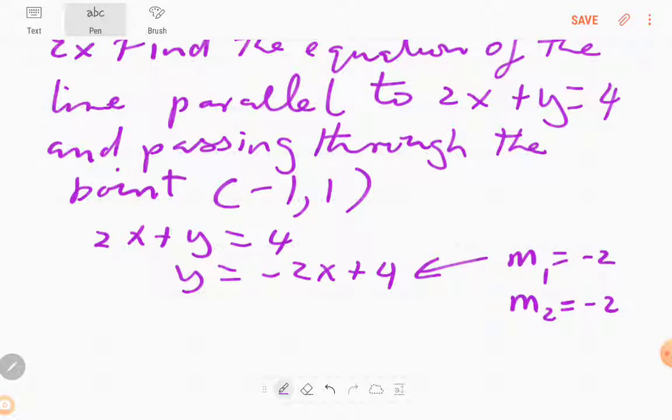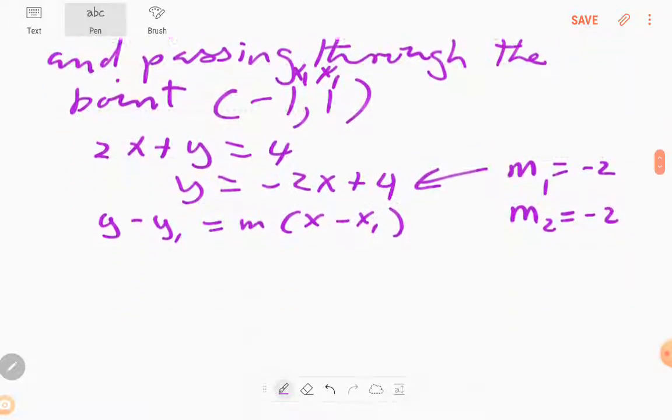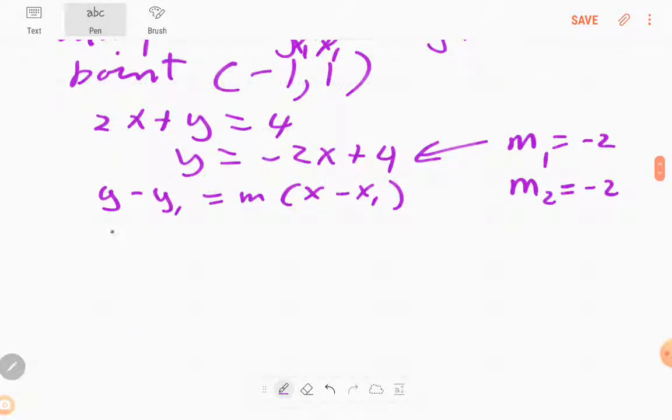So now using the point slope formula, we label this as x sub 1 and this as y sub 1. So using y minus y sub 1 equal to m times x minus x sub 1, and substituting in, we'll have y minus 1 is equal to minus 2 times x minus minus 1.